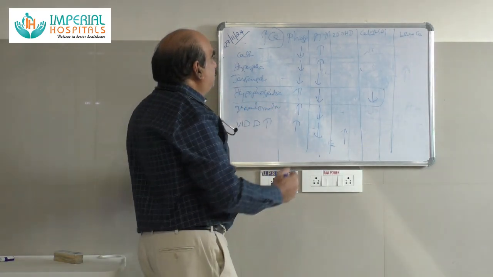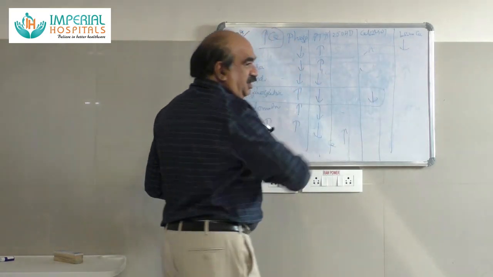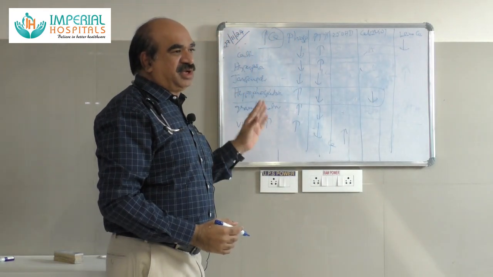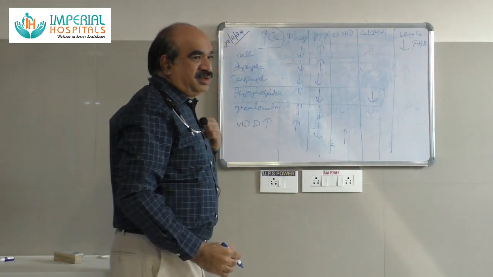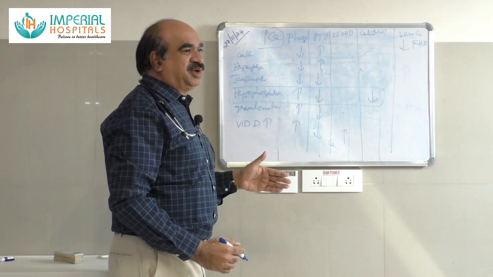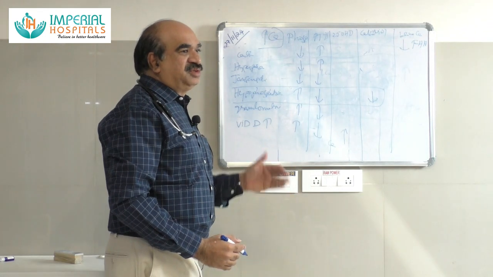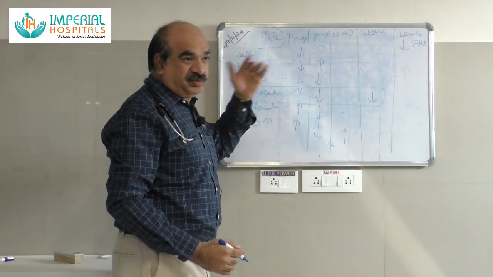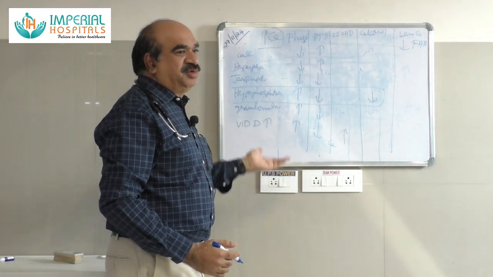So urine calcium will be low with CASR defect. That is familial hypocalciuric hypercalcemia, FHH. Hypocalciuric because of decreased excretion of calcium. So in FHH, urine calcium will be low. In all other conditions, urine calcium will be high.